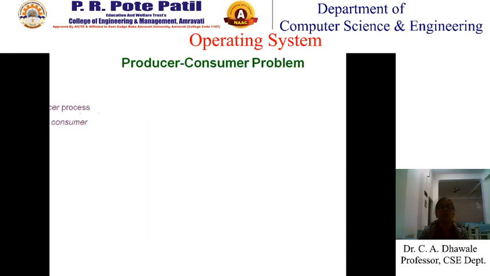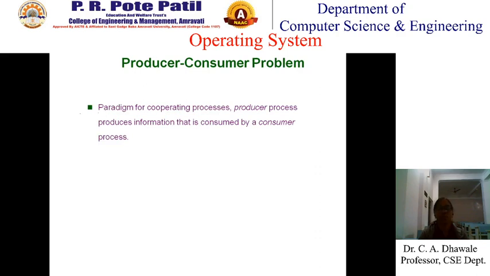Then the producer-consumer problem. This is one more interesting example which is generally used. Producer means the process which is producing, and consumer means the process which is consuming. Consider that you are typing something from the keyboard.